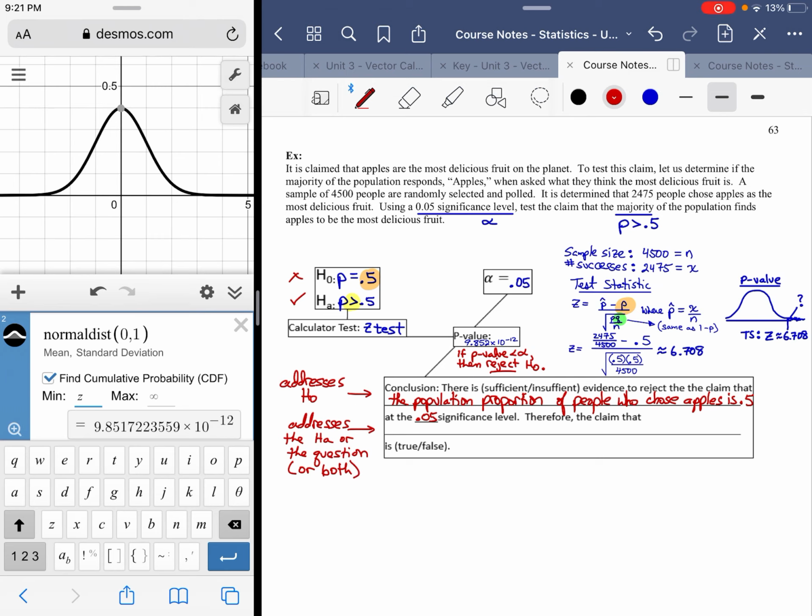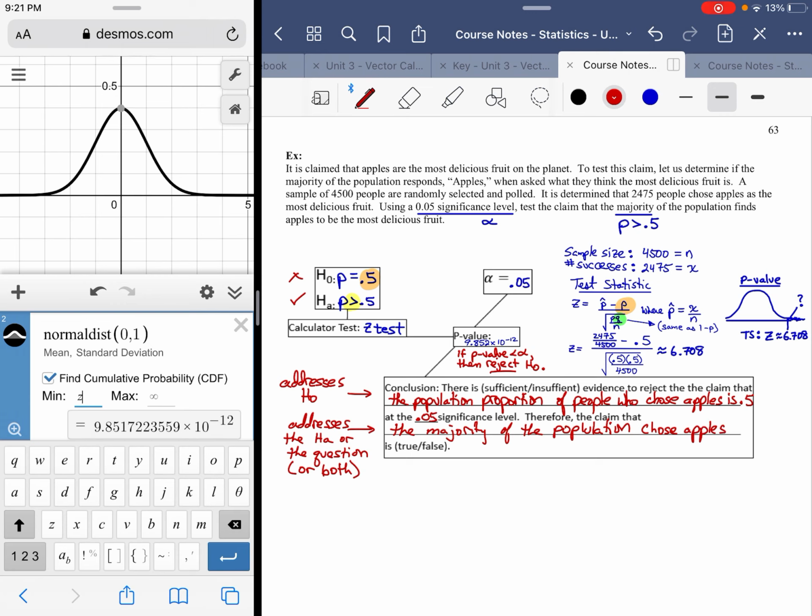Therefore, the claim that the majority of the population, now, it's a little verbose to say finds apples to be the most delicious fruit, so we'll just say chose apples, is what?